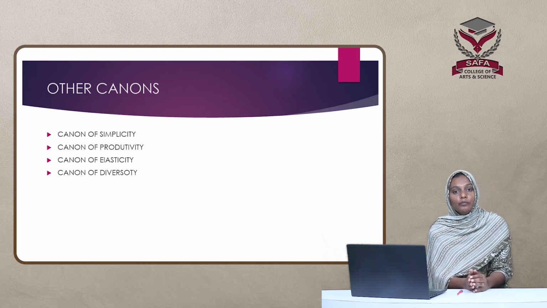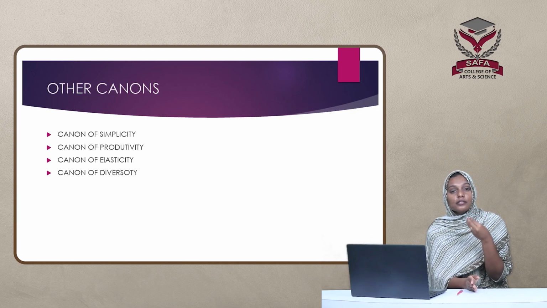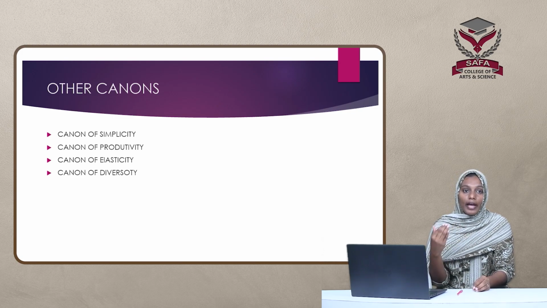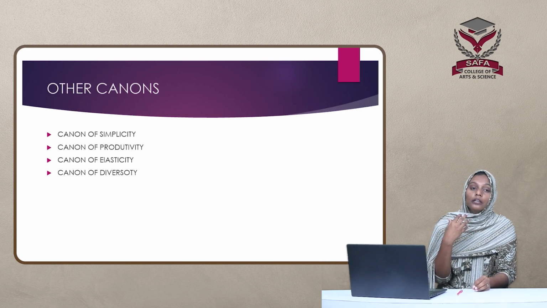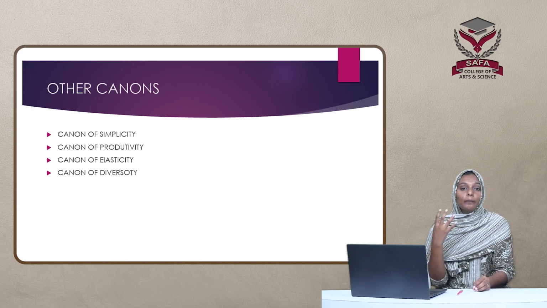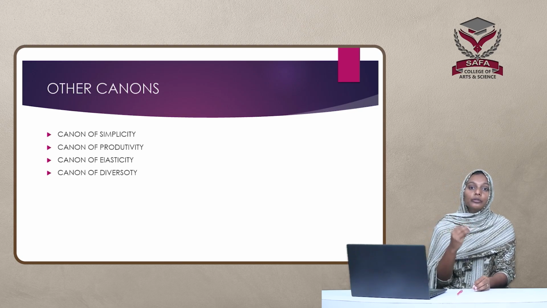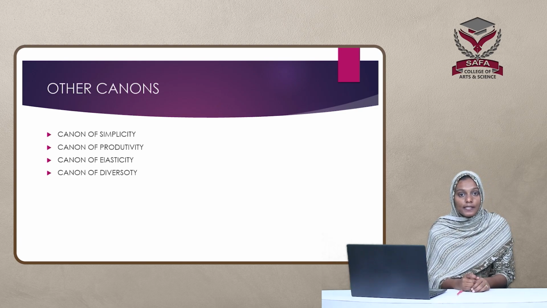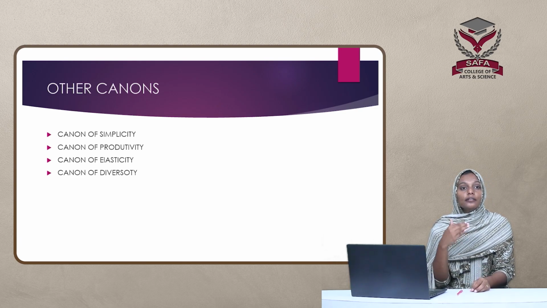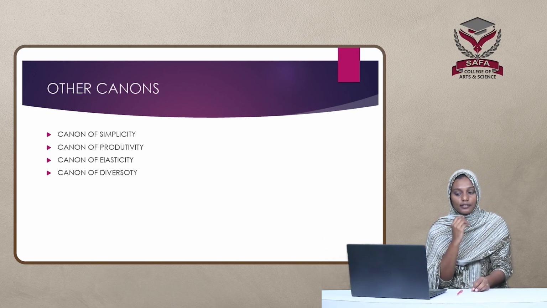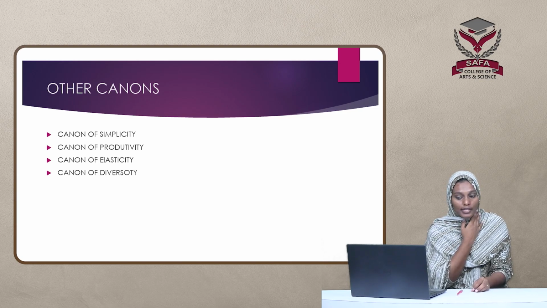Canon of elasticity means that the taxation structure should be flexible, because the ability of taxpayers varies. According to their income or economic conditions, the government may increase or decrease the taxation structure. It is canon of elasticity.